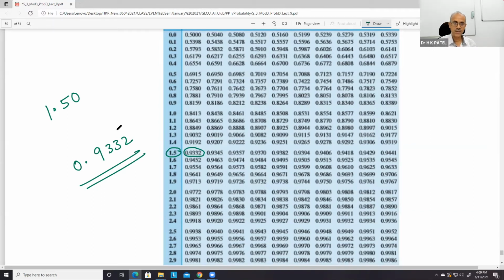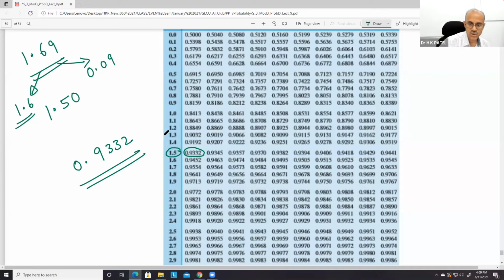Similarly, if you want sometimes a number like say 1.69, then what you have to do, you split this into parts, 1.6 and 0.09. So search number 1.6 in the leftmost column, or rather first column, and then 0.09.